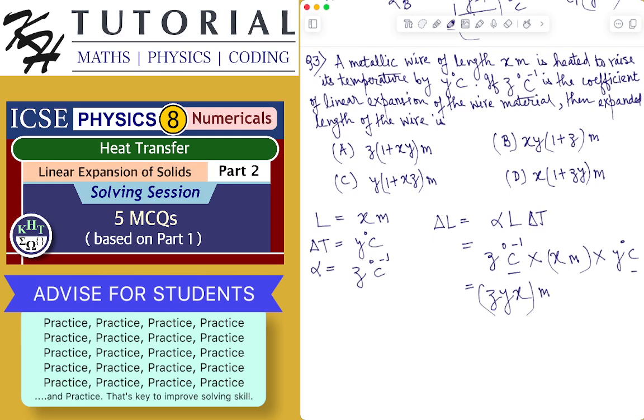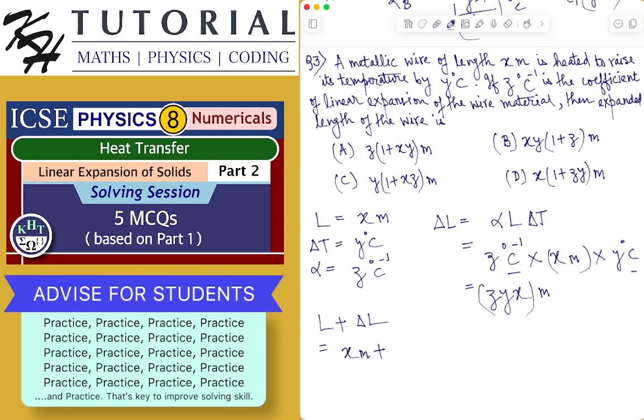So the final length, the expanded length of the wire, or the length of the wire after expansion, will be L plus delta L. L plus delta L is the expanded length of the metallic wire.